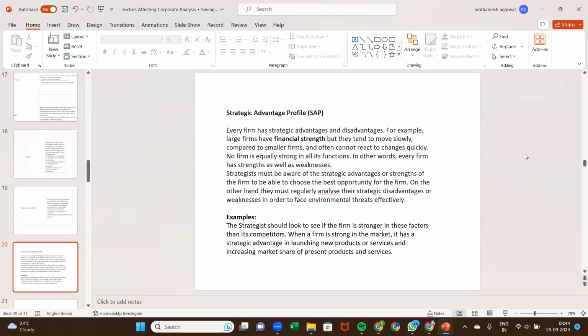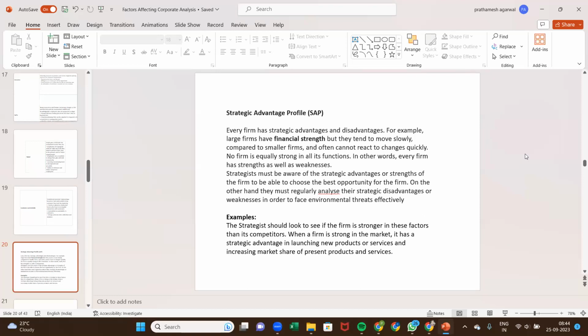All right. No firm is equally strong in all its functions. In other words, every firm has its strengths and weaknesses. Strategists must be aware of the strategic advantages or strengths of the firm to be able to choose their best opportunity for the firm.